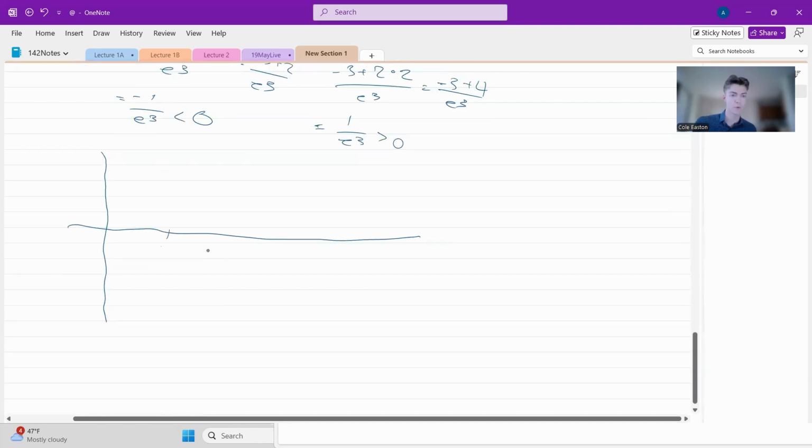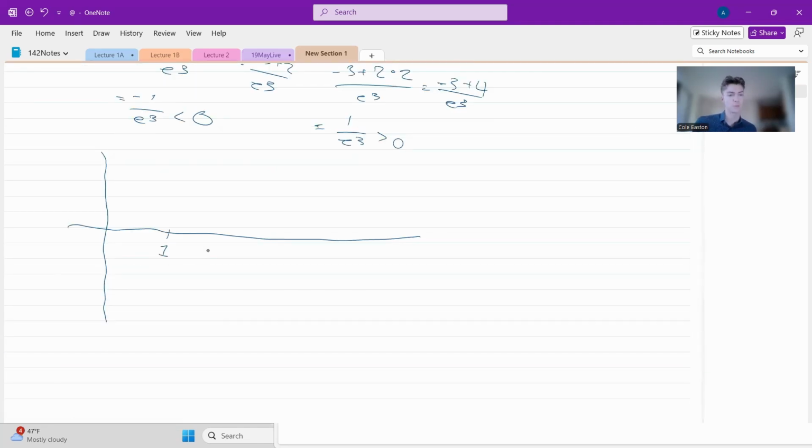So we'll label some points here on our axis. We'll just put 1, e is going to be around here, and then e to the 3/2, well, it should probably be around here actually. So I'm going to extend this a little bit further. And okay, so remember that we have a root at 1.